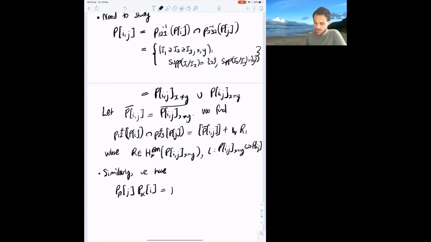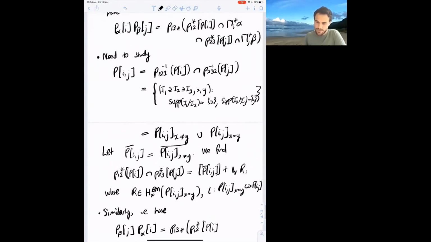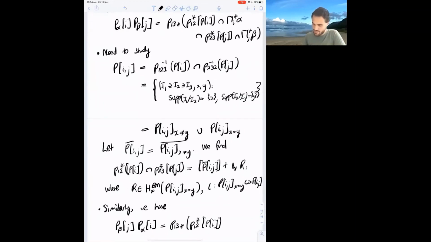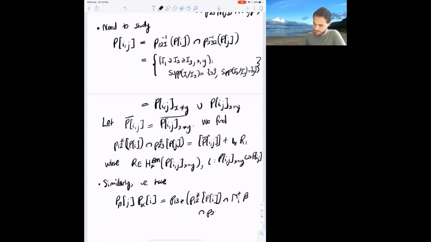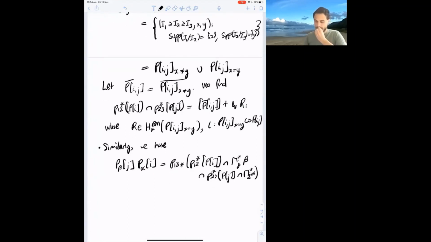Yeah, this is going to be p13 star, p12 upper star of Pi, and then alpha and beta are interchanged. Oops. J, sorry, I think I had these the wrong way around. Yeah. Okay, so basically alpha and beta have changed position.